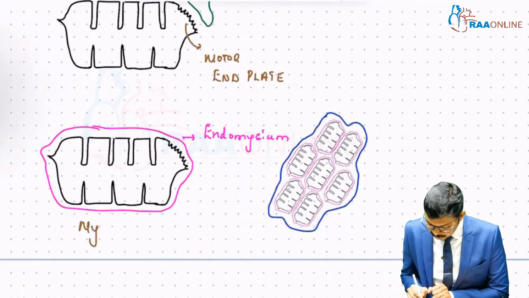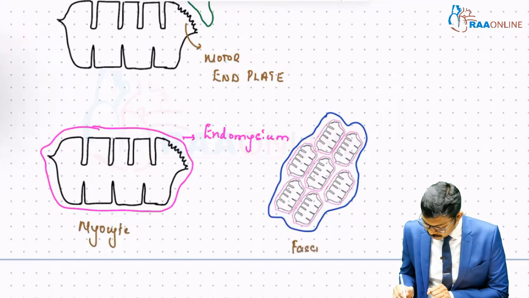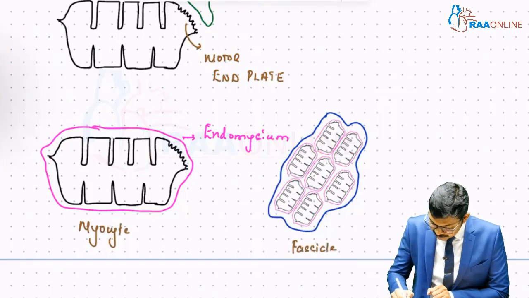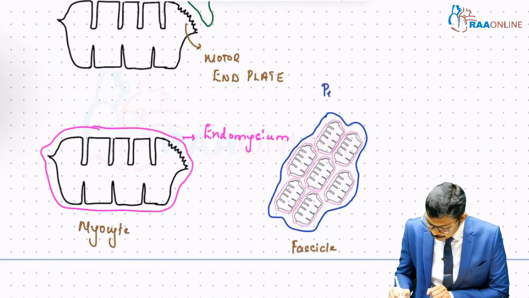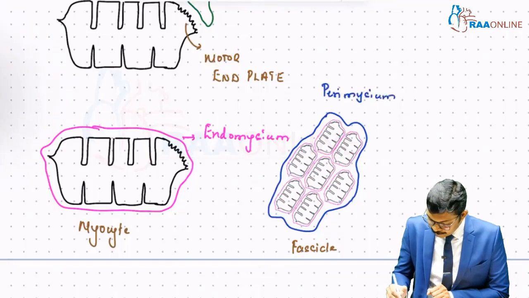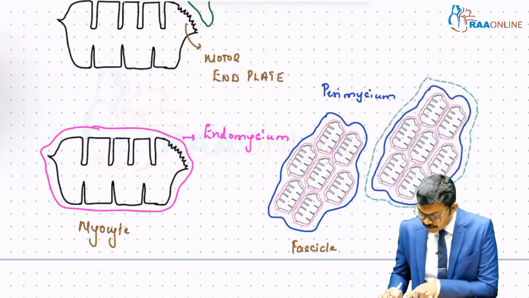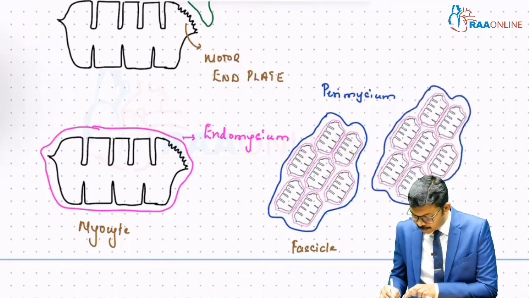So this one is a cell called a myocyte, and the second one is called a fascicle, and the fascicle is ensheathed by a membrane called the perimysium. And multiple such fascicles, I repeat, people, multiple such fascicles are going to be clustered together.